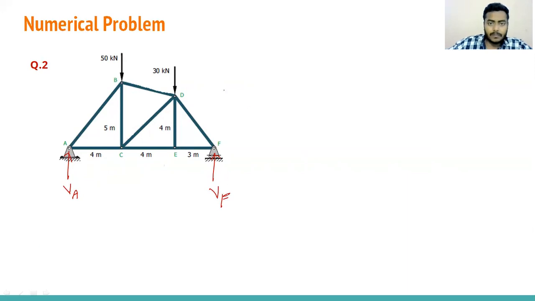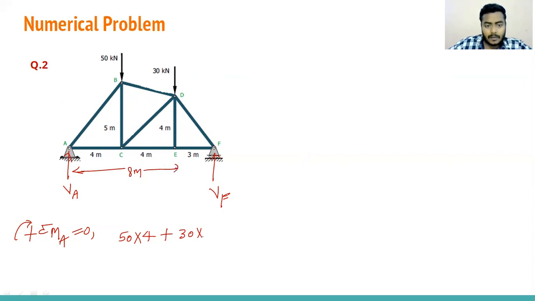So just take the moment clockwise. I'm taking positive summation of moment about A equal to 0, right? So I'm writing 50 into 4 plus 30 into 8 meter, this force and this distance from A, minus VF into 11 is equal to 0.